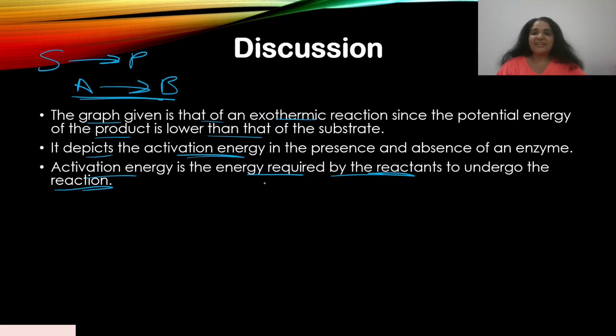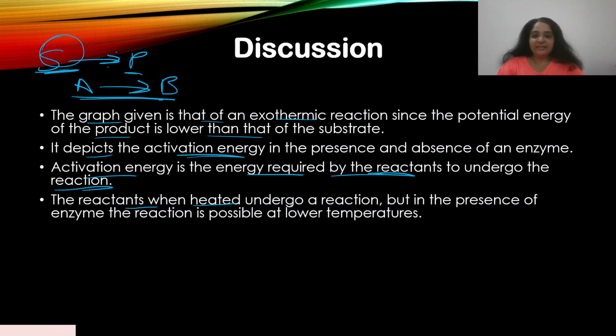So there is an energy that is required for you to cross that barrier. Substrates need to cross an energy barrier to be able to form a product. That means it needs some energy to convert itself from substrate to a product. That is activation energy, the energy required by the reactants to undergo the reaction.